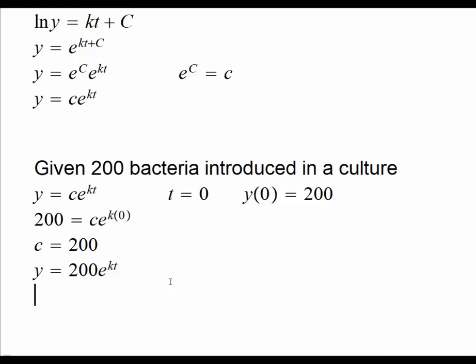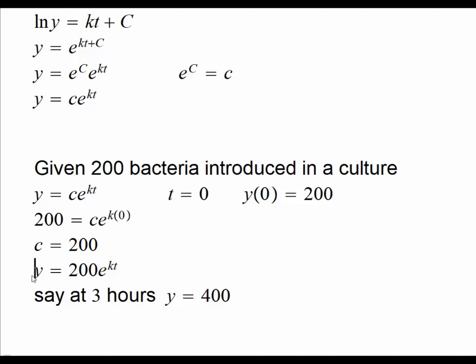Now, if we want to determine k, then we need more information. Say we are gathering information, and we find that at t equals 3 hours, with t in hours, the bacteria has grown to 400, that is, it doubles.